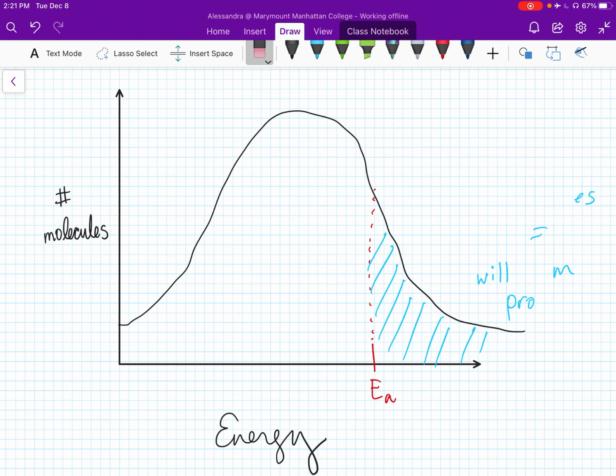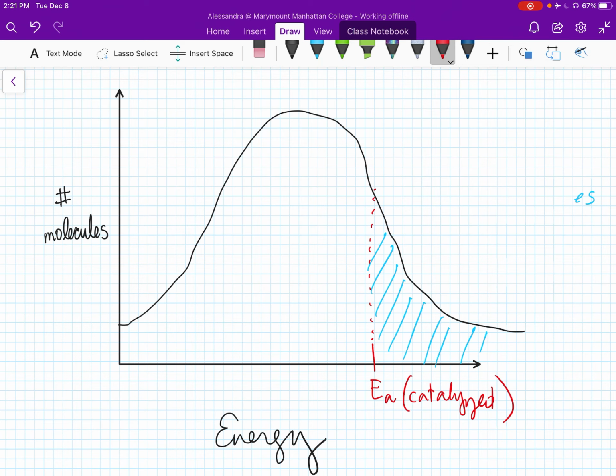So if this one that I just drew, let's just say that this one is the catalyzed reaction. This activation energy pertains to the catalyzed reaction. The uncatalyzed reaction would have a higher activation energy.